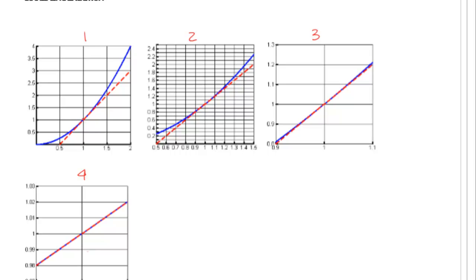So the 1, 1 point is in each of the graphs. And the difference is it looks as though I graphed something different. But what I did was I zoom in so close to that one point, we call that the neighborhood of the point, that the tangent line essentially looks exactly like the graph.